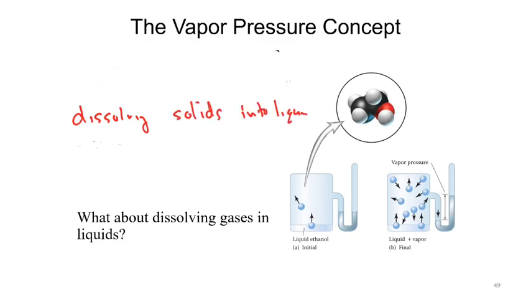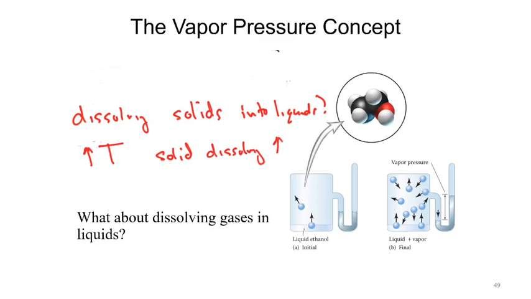In particular, what we're referencing is temperature. What happens if I increase the temperature to the amount of solid dissolving? The solid dissolving goes up. I get more solid to dissolve at higher temperatures.